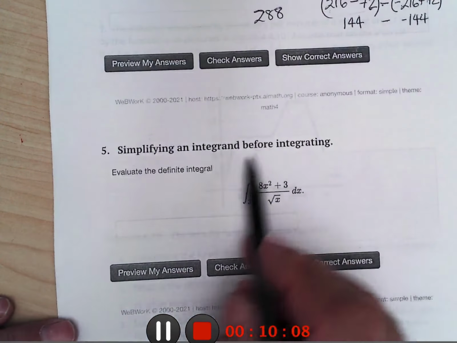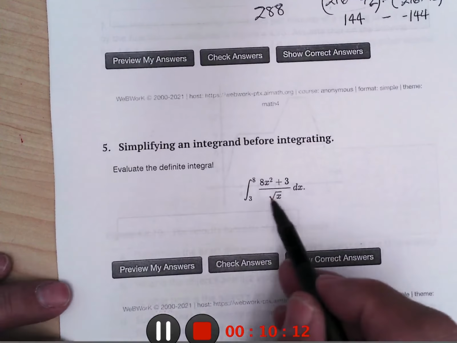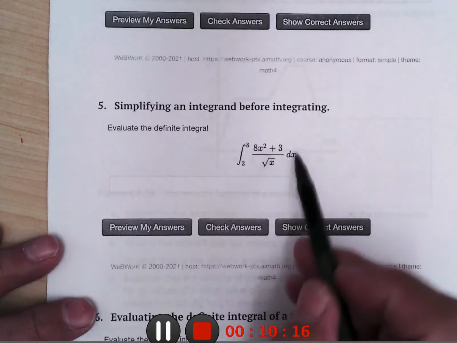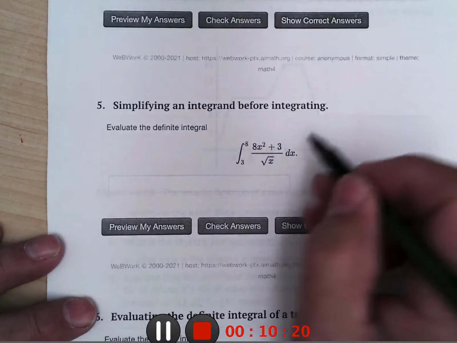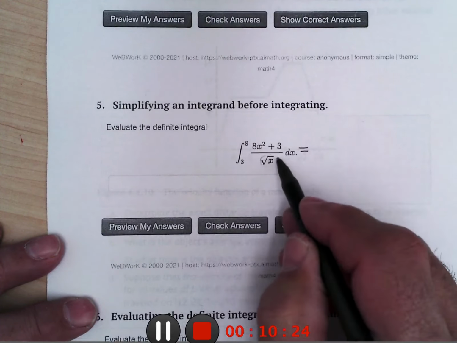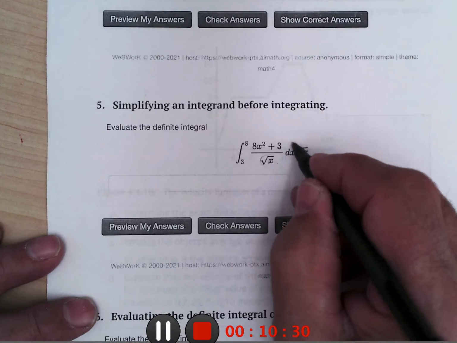Simplify the integrand before integrating. So what they wanted me to do is divide this into each part to make it a little simpler. So this is x to the 1/2 in the denominator, which would be x to the negative 1/2 in the numerator that I have to take times both of these.